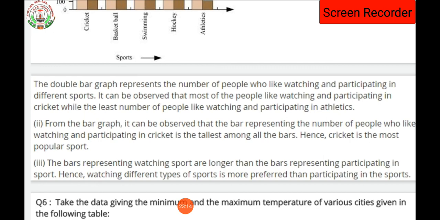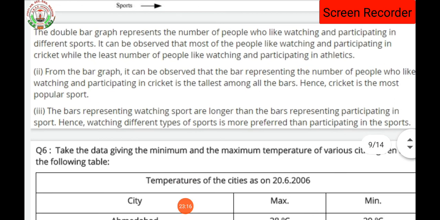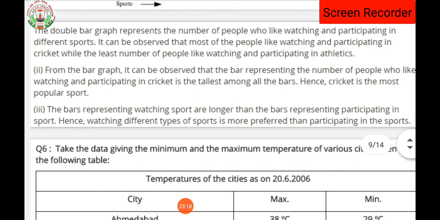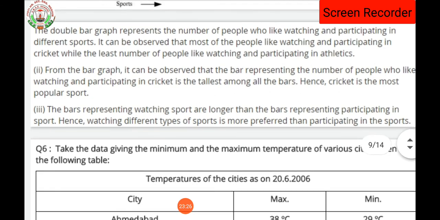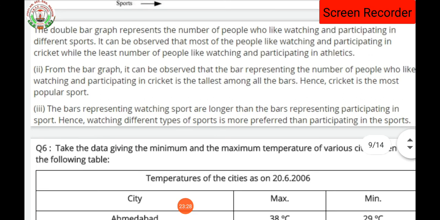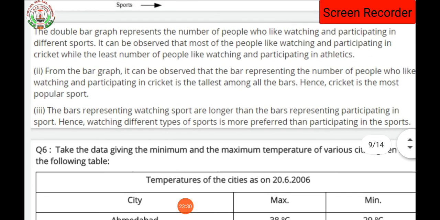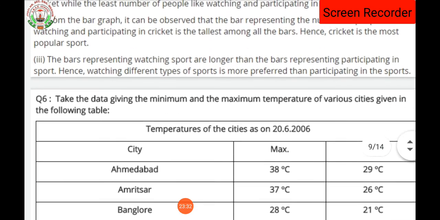Hence cricket is the most popular. The bars representing watching sports are longer than the bars representing participating in sports. Hence watching different types of sports is more preferred by the people as compared to participating in those sports.